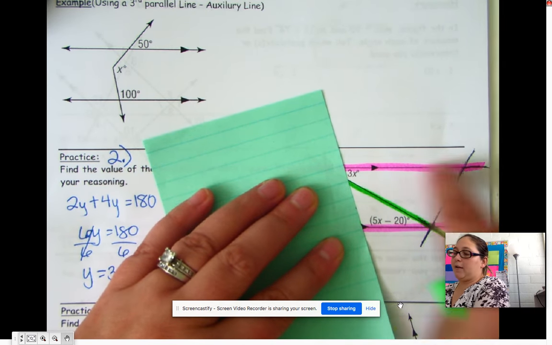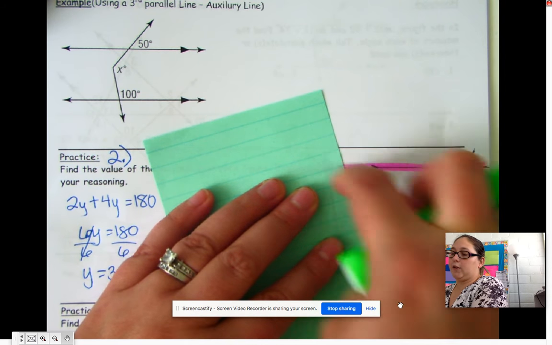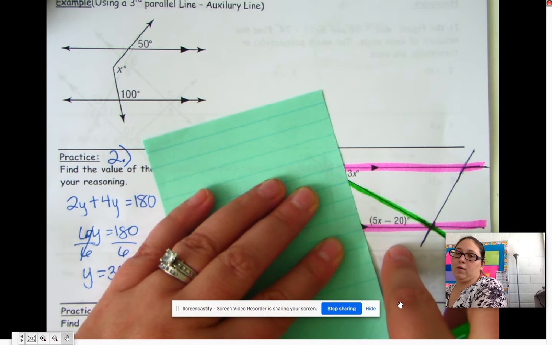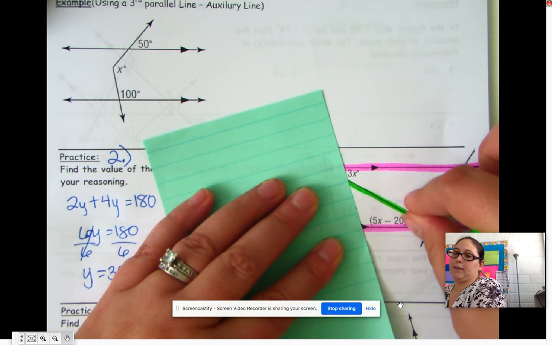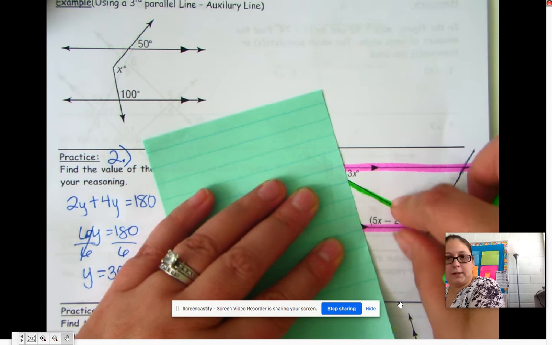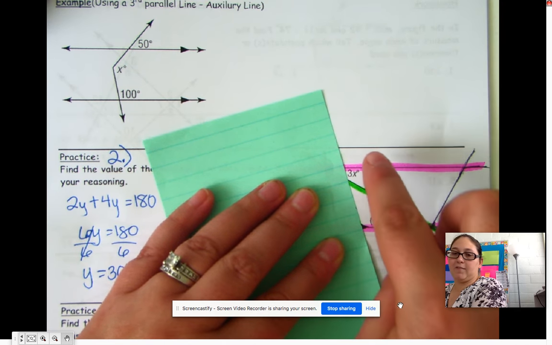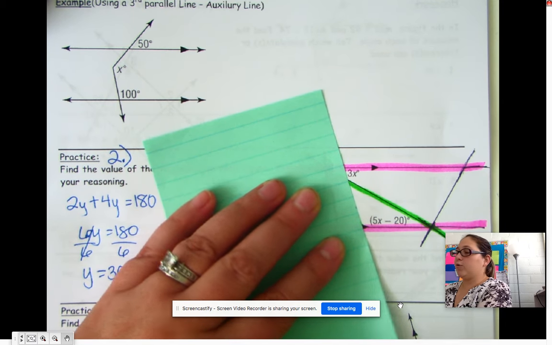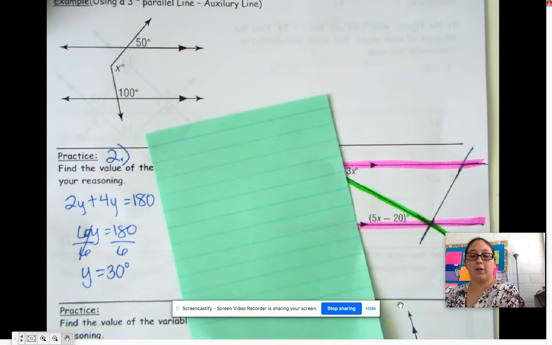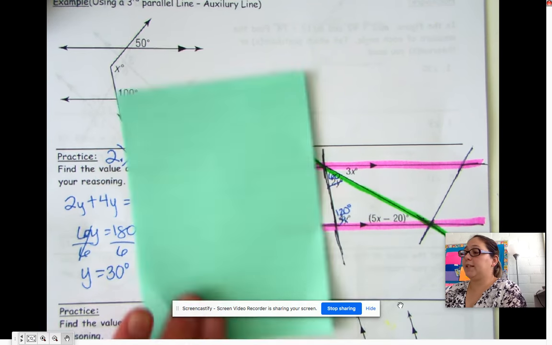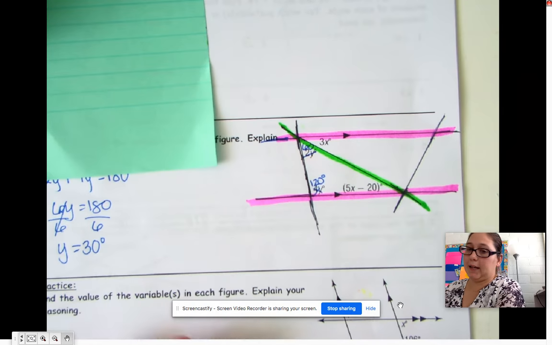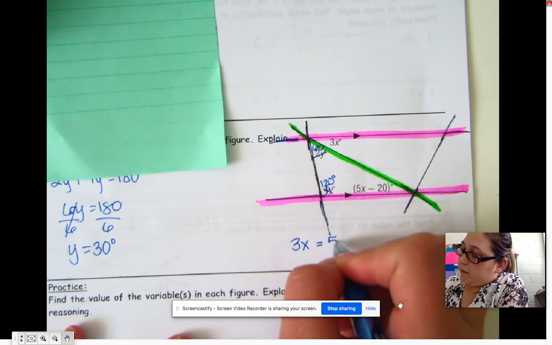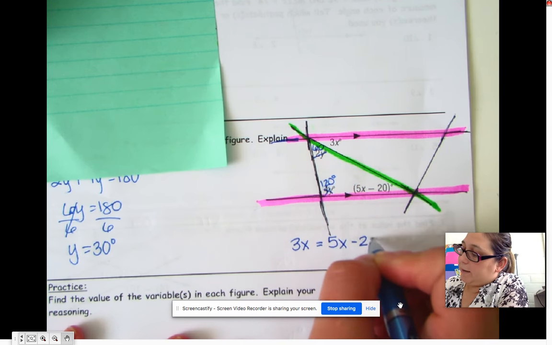I have my parallel lines, and I've got the green transversal. If I look at the two angles now, they are inside the pink, so they're interior angles. They're on opposite sides of my transversal, so they're alternate interior angles. You should remember that alternate interior angles are equal to each other. So to find x, we're going to set it up as 3x equals 5x minus 20.